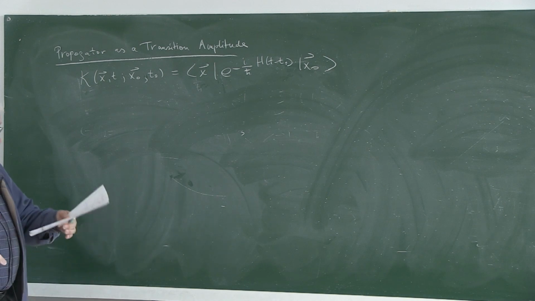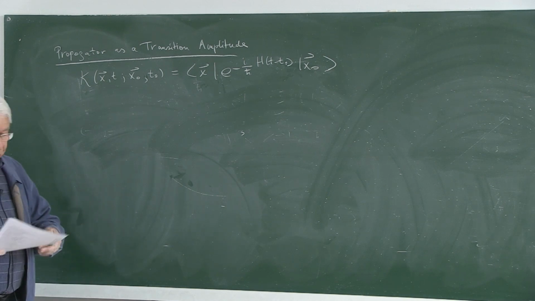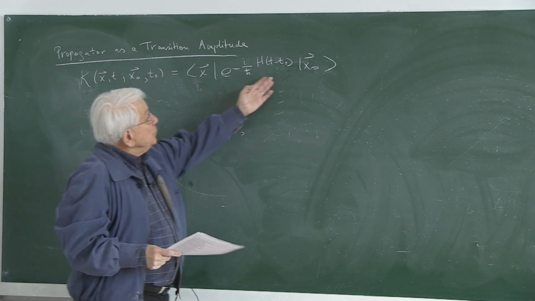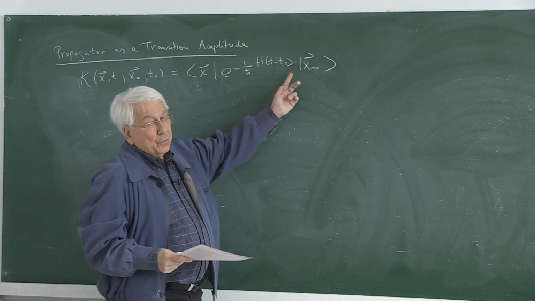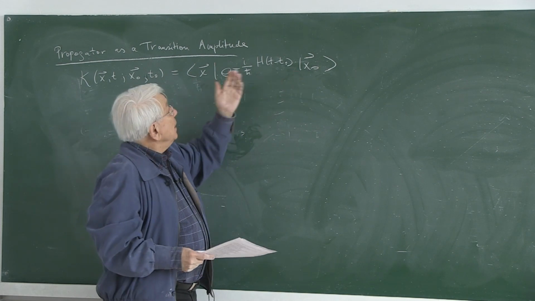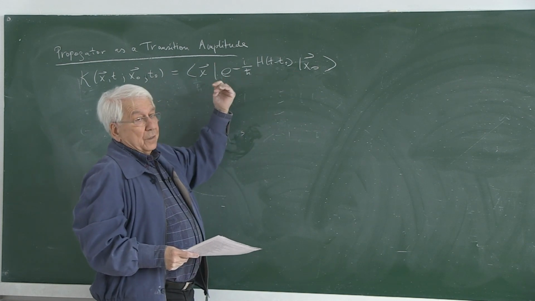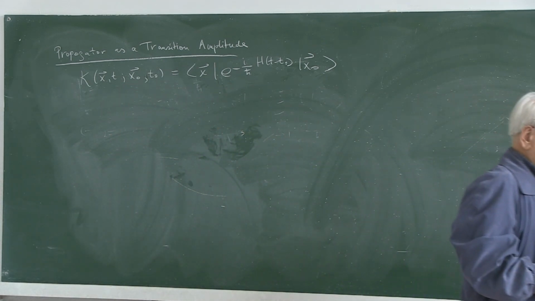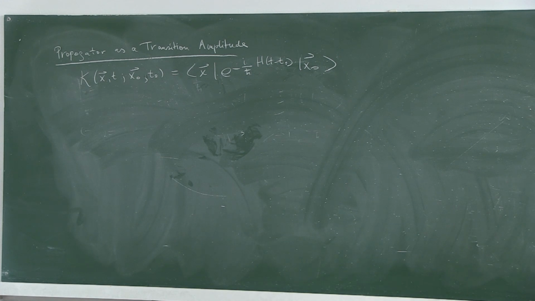We say this is the transition amplitude, because you act on the state with the time evolution operator, carry it to time t, and then project on x, and so that is really how much of the original finds itself in x. So it's an overlap.